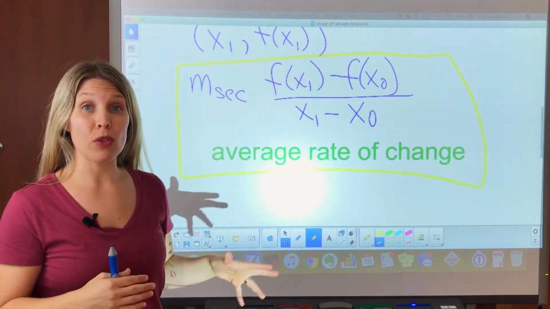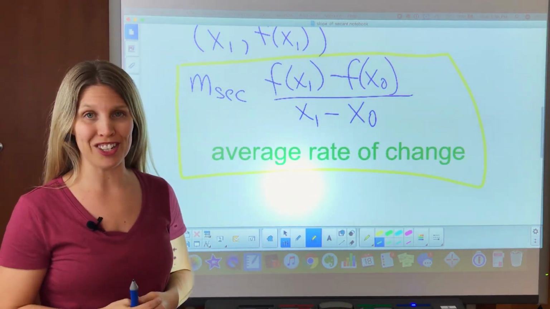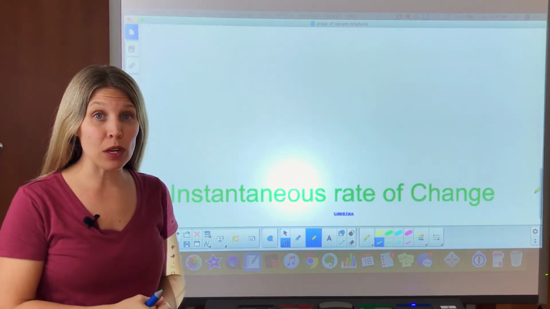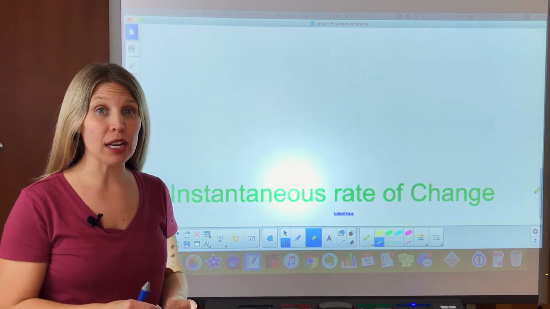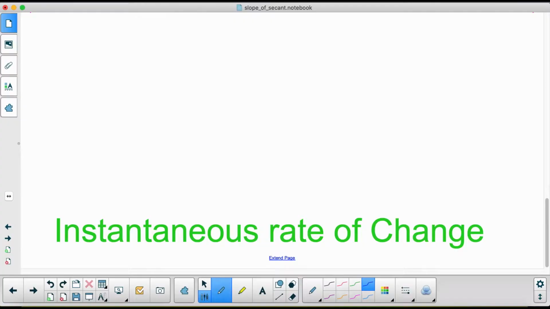Now let me show you how this translates into the instantaneous rate of change and the slope of the tangent. Remember, the slope of the instantaneous rate of change, the slope of the tangent, is just when we take the limit of the slope of the secant. So we're going to take the limit as x sub 1 goes to x sub 0 of the slope of the secant line.